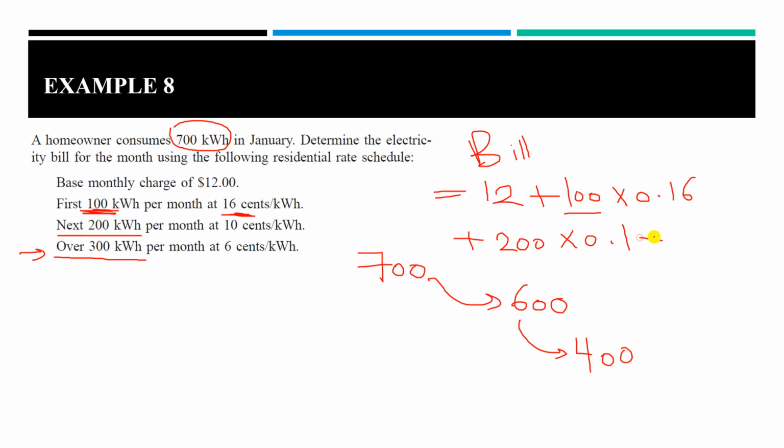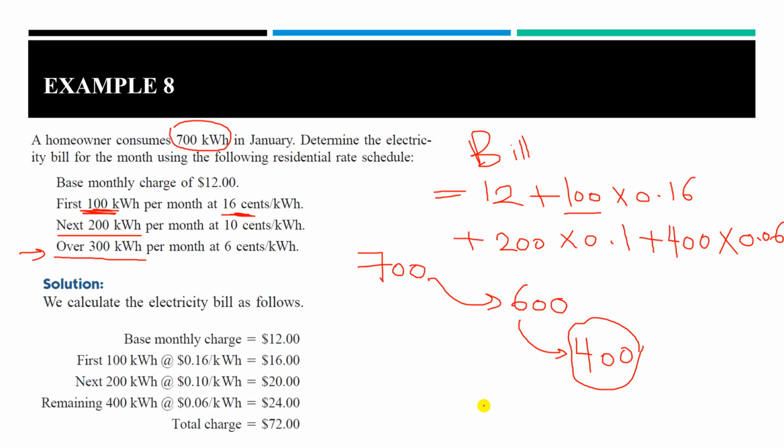So we'll say plus 400, the remaining value, multiplied by 6 cents, which is 0.06. The summation of all of this will give us the electricity bill.